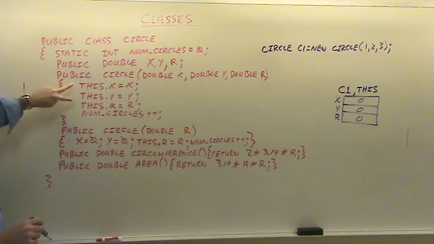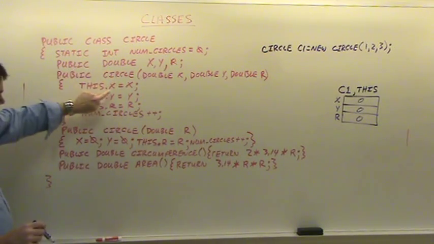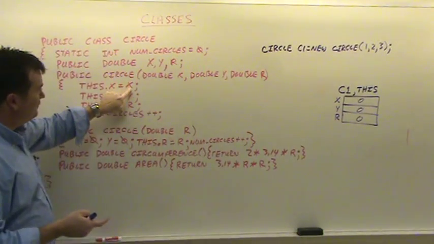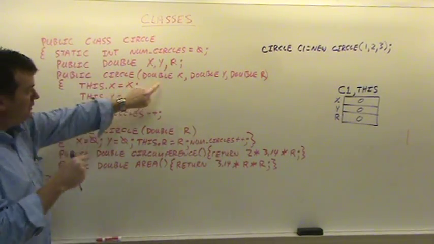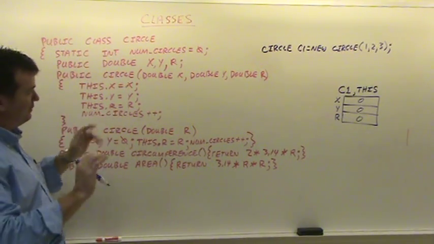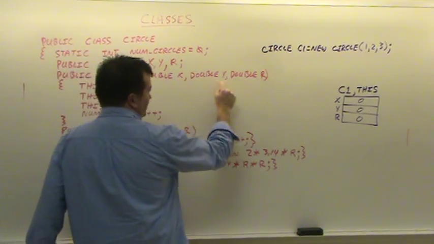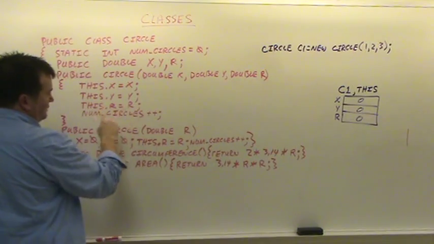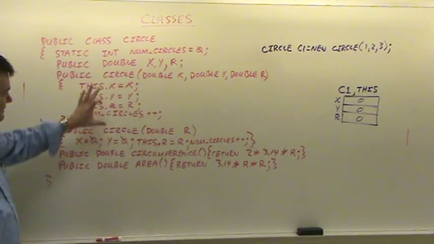So, this line right here is saying this.x, meaning this spot, is equal to the variable for this parameter, which is also x. Now it might look confusing, and it would have been probably smarter to call this A, B, and C, and then say A equals x, and B equals y, and C equals r. That would have been very clear.